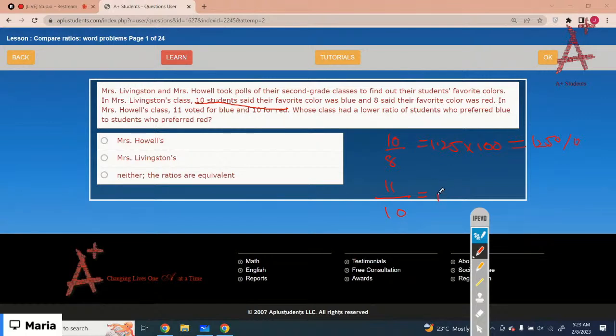That is 1.1. Multiply it by 100 and you will get 110. So which one has the lower value? Obviously the second one, and the second one is Mrs. Howell's class. That means Mrs. Howell's class has the lower ratio. Got it? So the correct option is Mrs. Howell's.